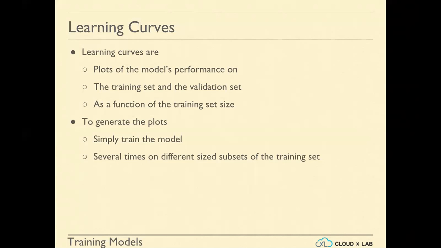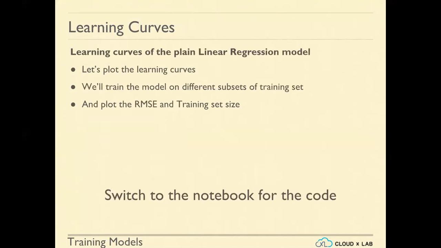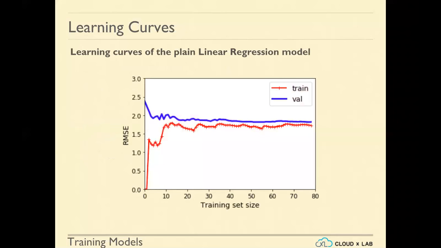We keep on increasing the size of data and keep on observing the performance on the training and validation set. Once we do that, we will be able to see it very clearly.